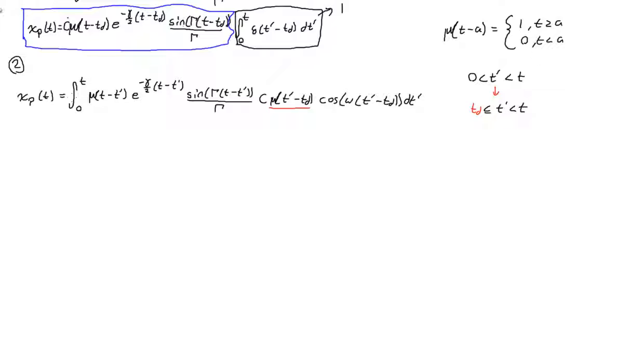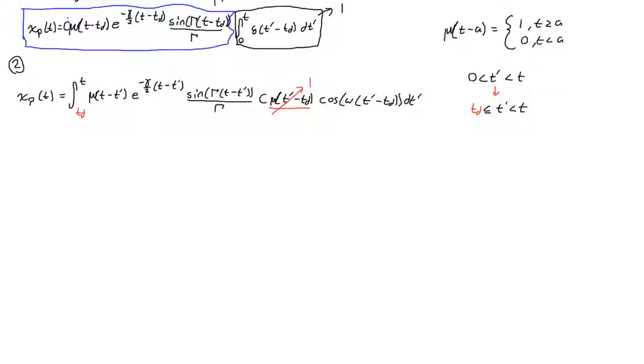So that's our new boundary. How does that affect our integral? Well, the bottom limit will change to be t sub d, and now that this is true, this guy is just 1.